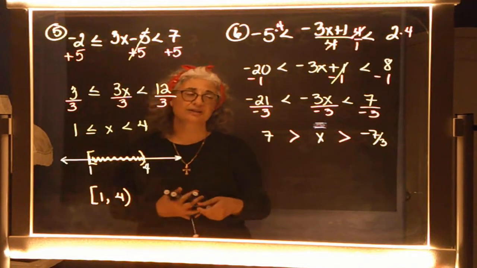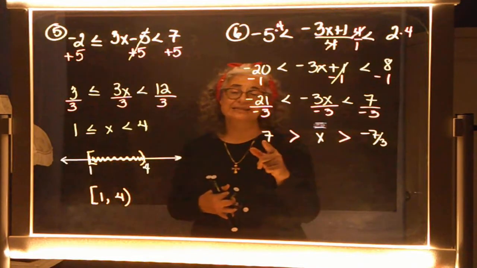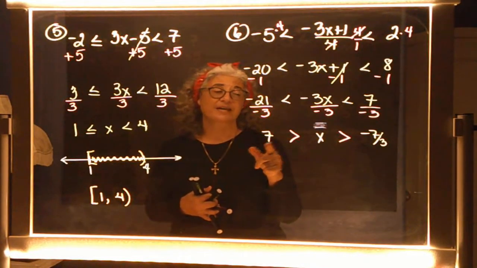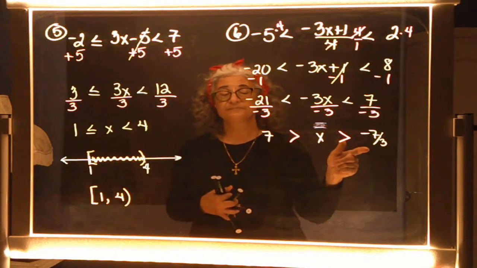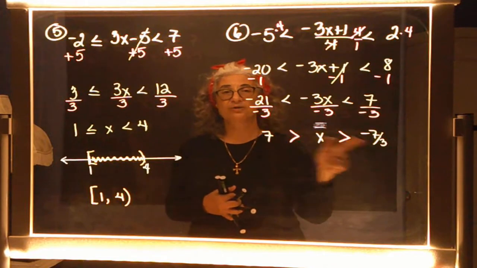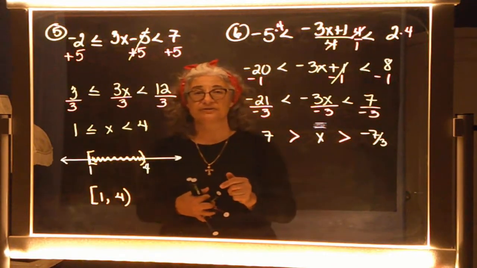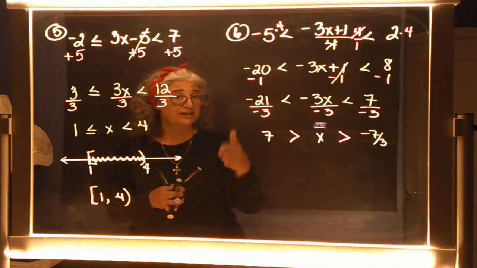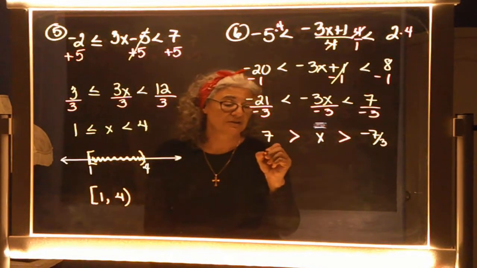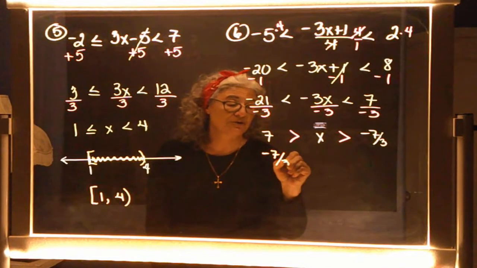And now let's look at this. X is less than 7, isn't it? X is also greater than negative 7/3. Agreed? Which of these numbers is smaller, the 7 or the negative 7/3? Good, the negative 7/3. So we should technically write the smaller number first. Why? Because it's going to mirror our number line.